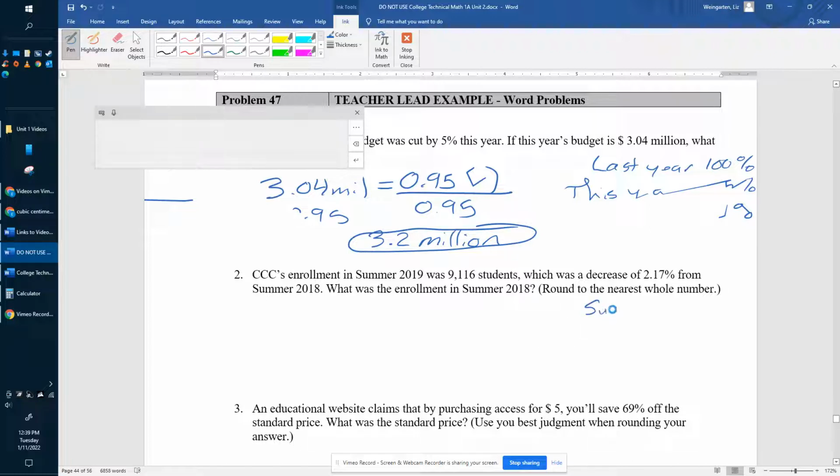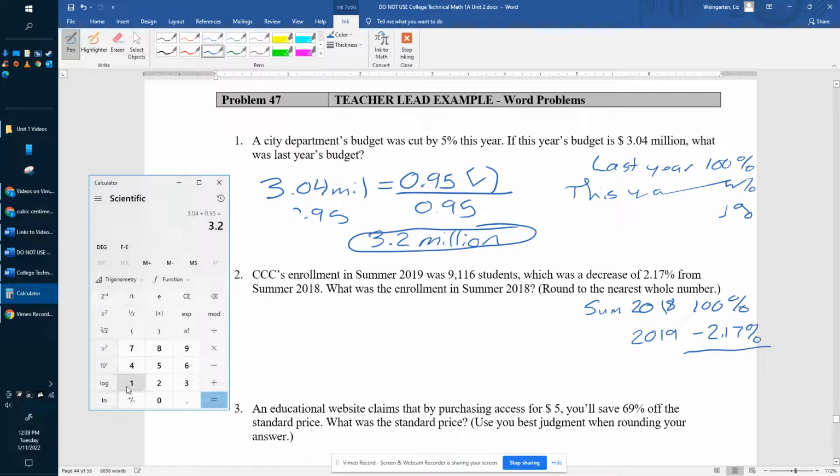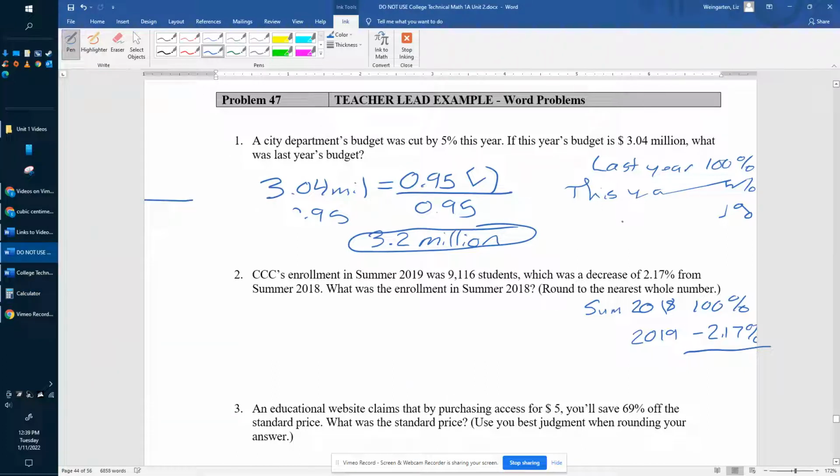So summer 2018, sorry, is 100%. 2019 decreased 2.17%. So it is going to be 100 minus 2.17, 97.83%.